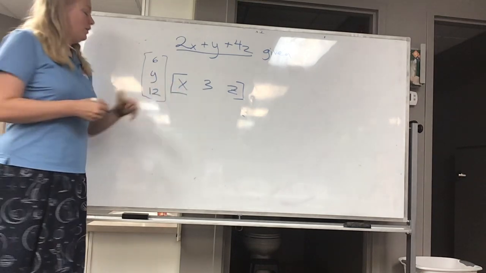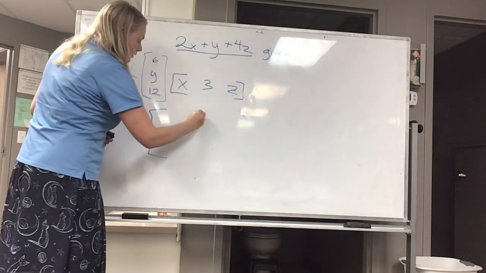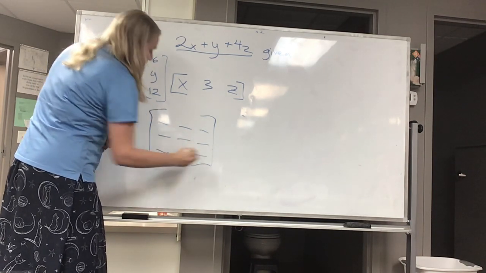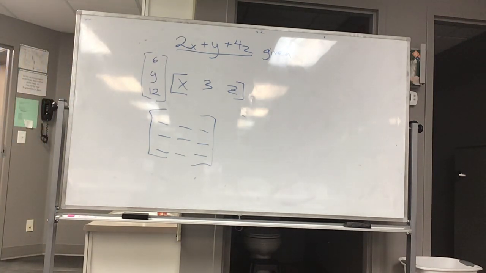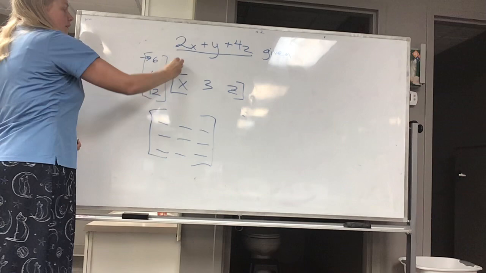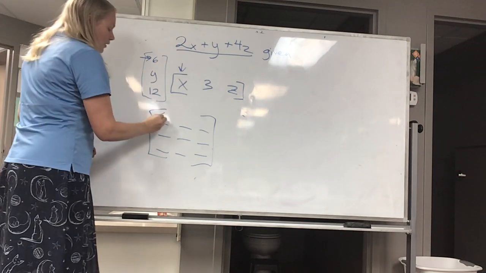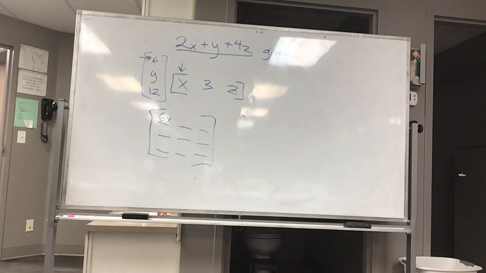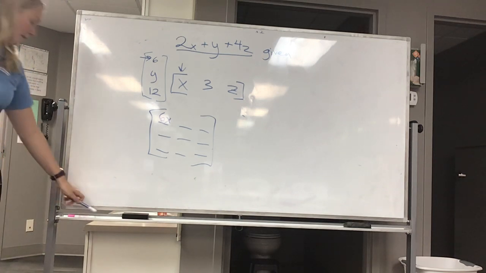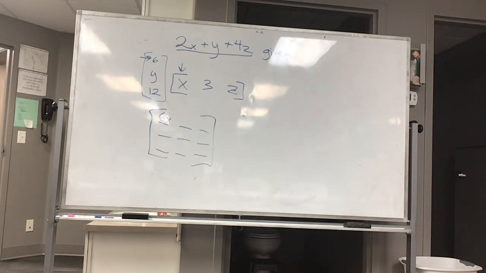We have 3 rows, 3 columns. And so again, that order makes a huge difference. Now, we are talking about first row, first column. Our first row is only 6. Our first column is only x. Our first element is only 6x. There's no adding at all. There's just first row has one item, first column has one item. We multiply them together and get that element. So, understanding how to do it can help.